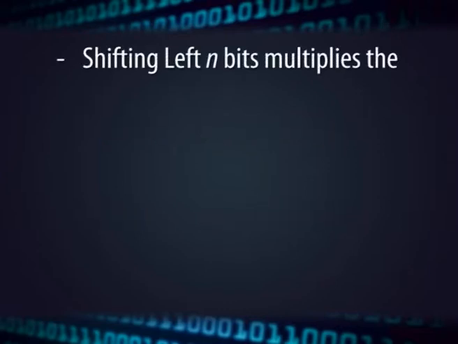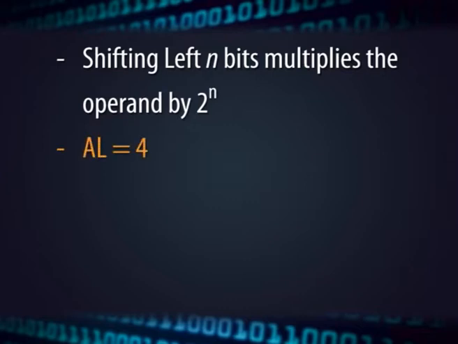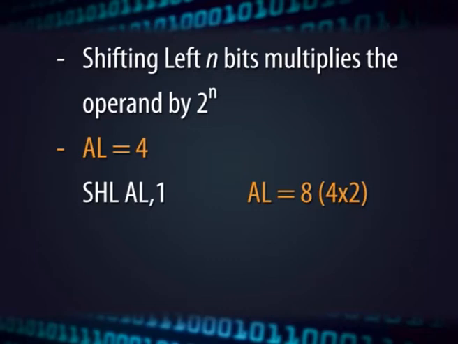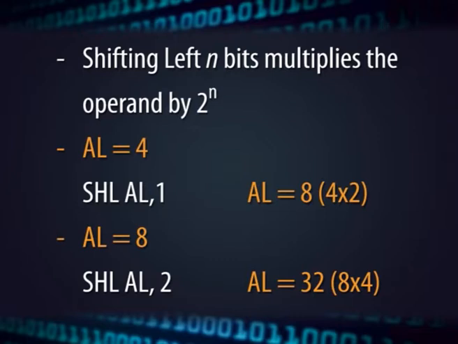The shift left operation can be used for efficient multiplication by powers of 2. A shift left by 1 results in multiplication of the number stored in AL by 2. As you can see, if the original value of the register AL is 4, now it becomes 8. A shift left by 2 bits results in multiplication by 4, and so on.